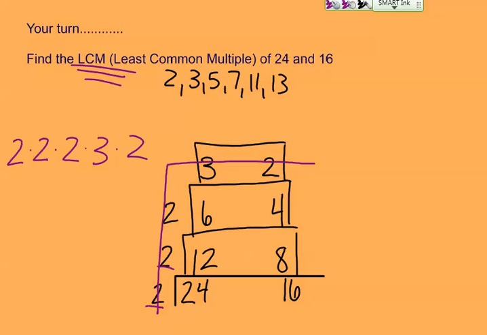All I did was just take each one of these numbers and put them in my list. Now we're just going to multiply together. 2 times 2 is 4, times 2 is 8, 8 times 3 is 24, 24 times 2 is 48. That's my least common multiple. An easy way to remember it, again, is the L and the L in my cake.